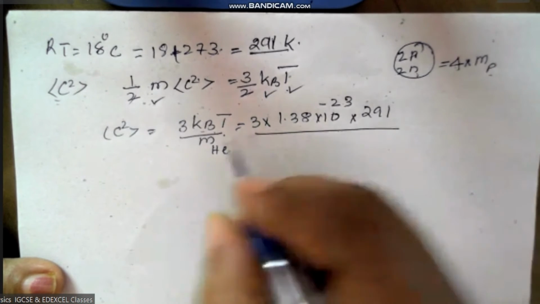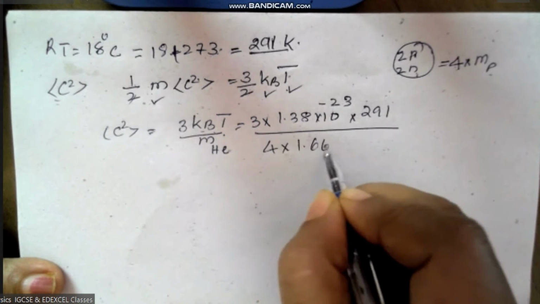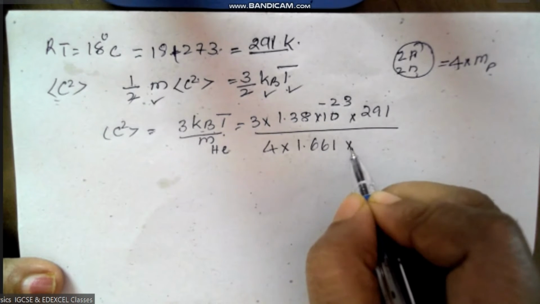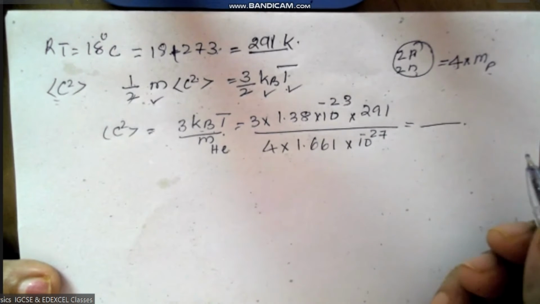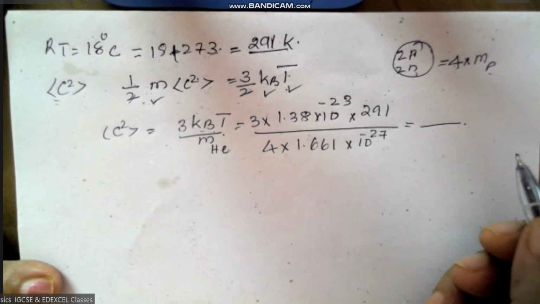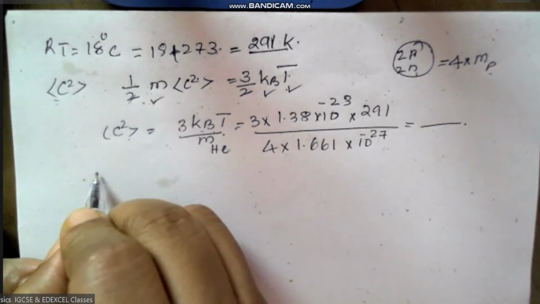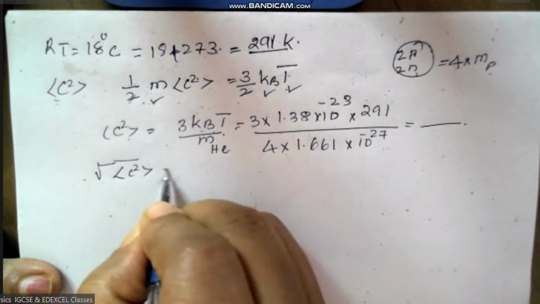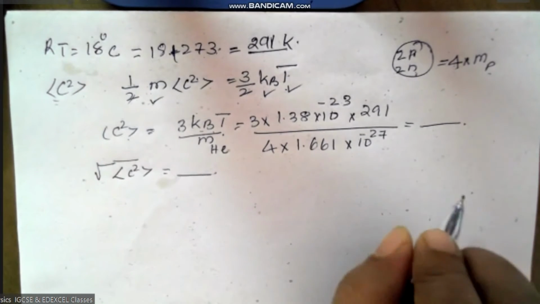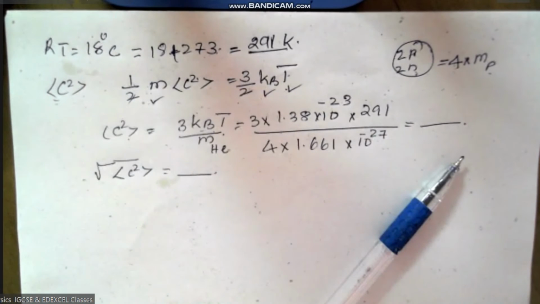What is the mass of helium? What is helium made up of? 2 protons, 2 neutrons. So it is 4 times the mass of a proton, as proton and neutron have similar mass. So that's 4 into, what is the mass of a proton? 1 u, 1.661 times 10 to the power of negative 27 kilograms. So this is C square.